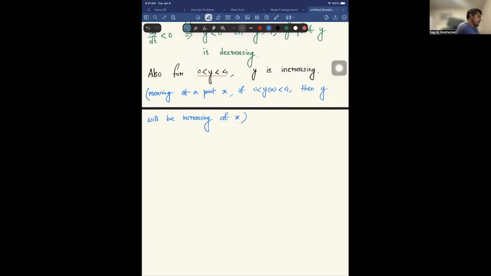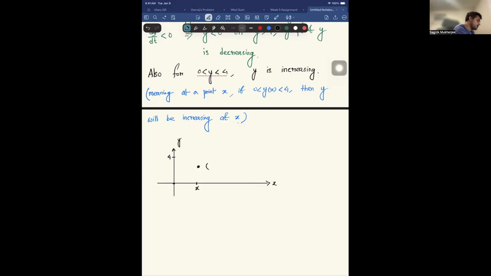Now it's a very good question if you like thinking in this way. So I start with the point x. This is, say, the x versus y graph, meaning I'm plotting a solution. So take a solution of the differential equation, I'm trying to plot its graph. So this is x, right? This is 4. And suppose that at x, the value of the function y is between 0 and 4, right?